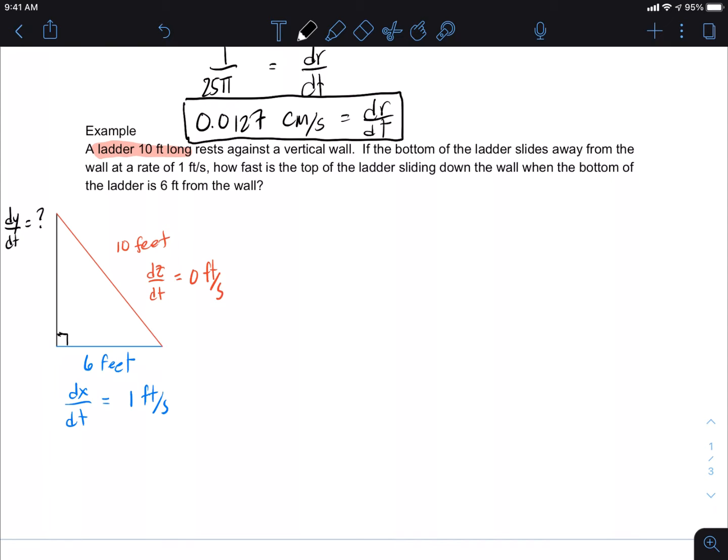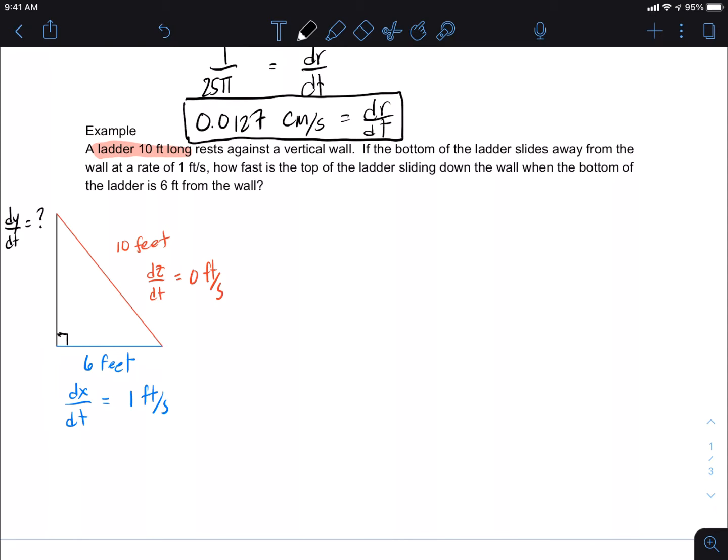And since it's going to be falling down, what do you think that rate should be? Should it be positive or negative? Negative. It should be negative, because it's getting closer and closer to the ground, so the height is dropping in value, not growing in value. Does that make sense? Okay.